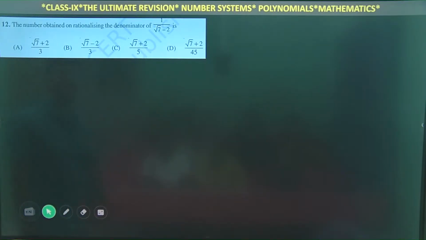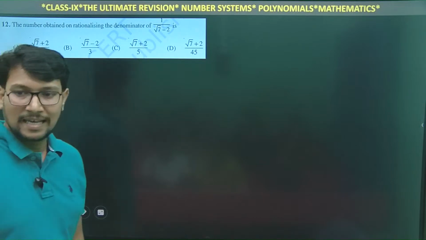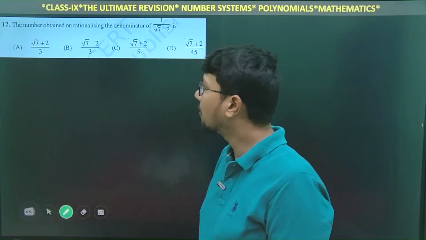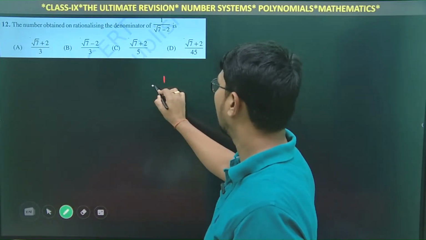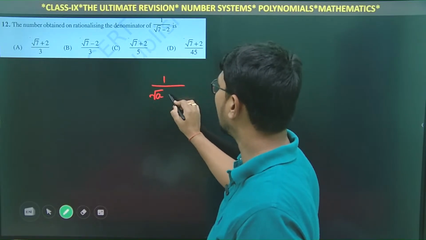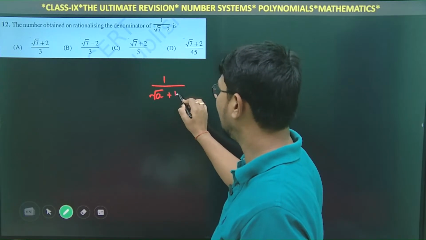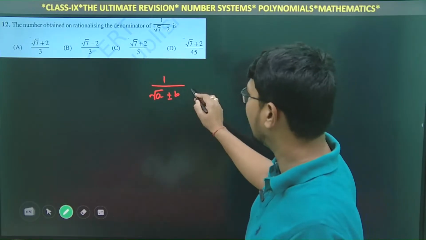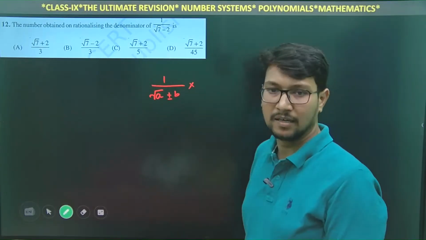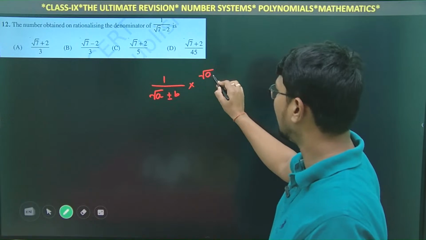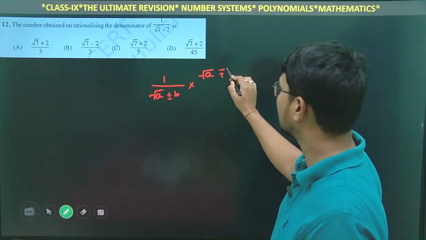Question number 10: rationalize the denominator of 1 by root 7 minus 2. Rationalization, do you remember? The factor is root 7 plus 2. If root a plus b or root a minus b is there, how can you rationalize? You have to multiply root a minus or plus b.